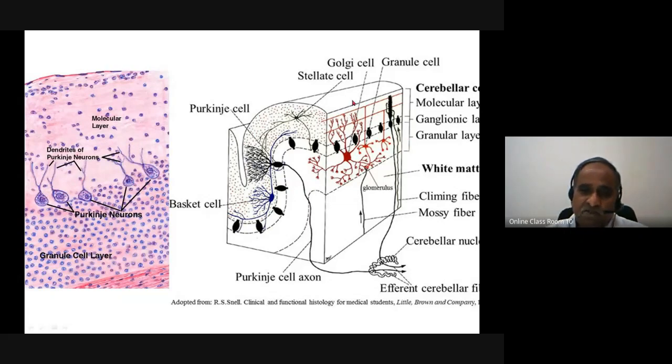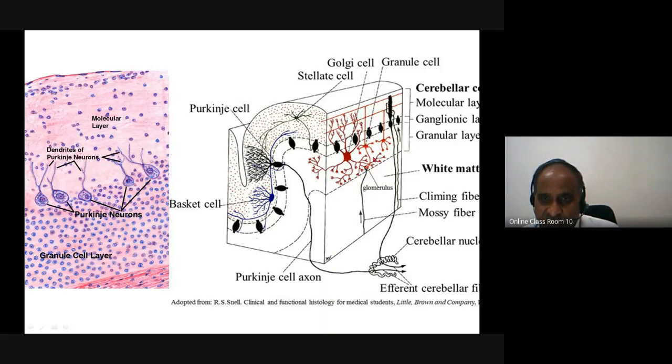Why am I trying to show you this? Because there are only three layers, and they have a number of connections, and because of this dendritic tree, what governs this is the deep cerebellar nucleus.